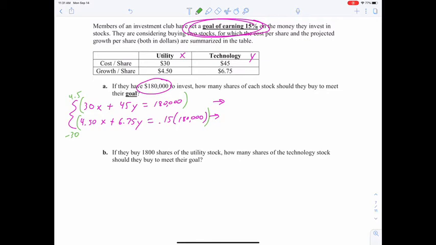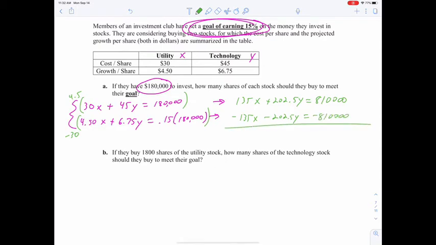So if we do all that multiplication, remember, distribute everything, right? So we should get this 135x plus 202.5y equals 810,000 because we're multiplying. That's for the first one. If we multiply everything on the bottom by -30, we'll get -135x minus 202.5y equals -810,000.